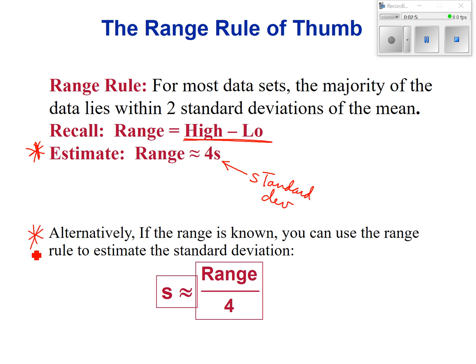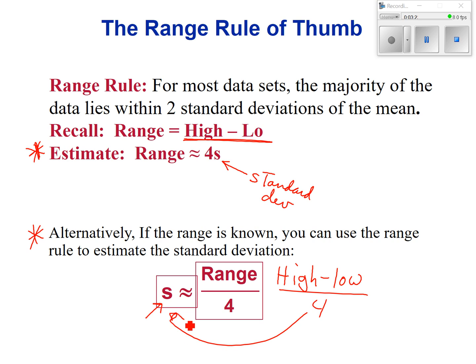The reverse of that is that the standard deviation is going to be about the range divided by 4. So we just take the range, high minus low, divide it by 4, and that's going to give us something pretty close as far as the standard deviation goes.